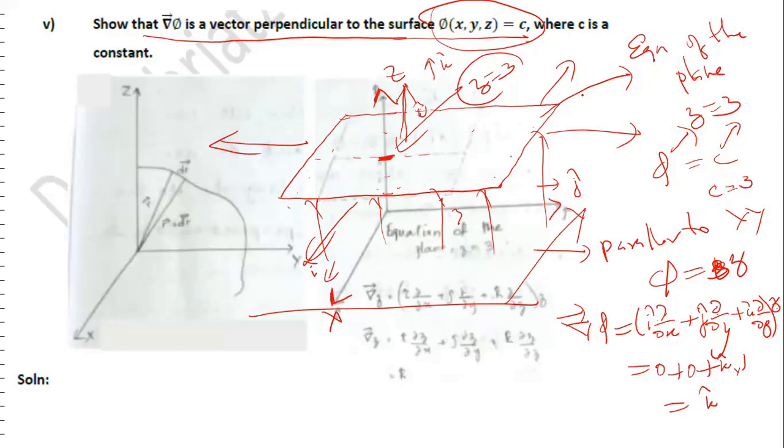Here, for this particular plane, we can find that grad phi actually represents a vector which is perpendicular to the surface, because k cap is a vector perpendicular to the surface z equal to 3. So if z equal to 3 is the equation of this surface, k cap represents the vector perpendicular to the surface, which is actually your grad phi.